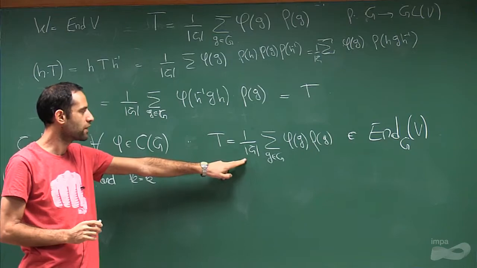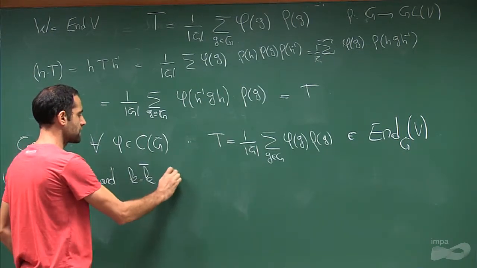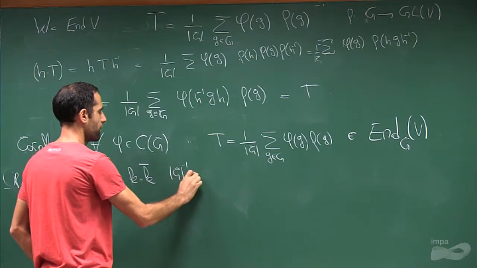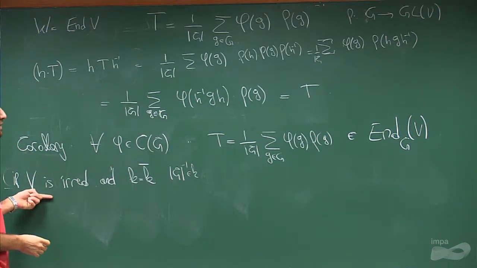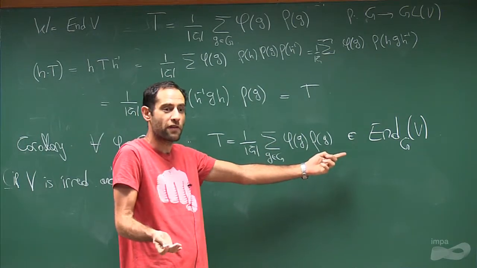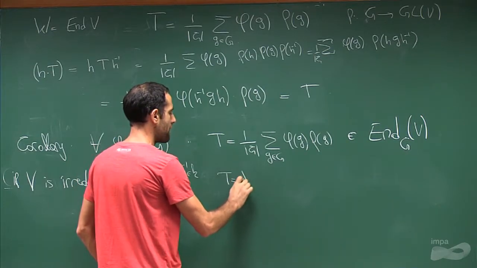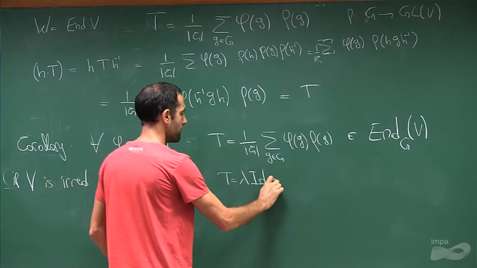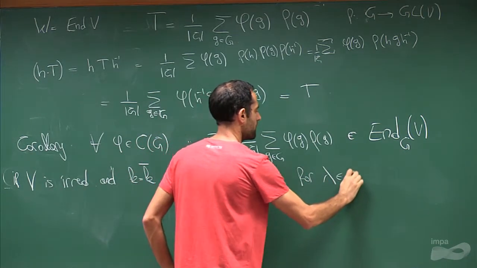But because of the normalization, I'll need that the characteristic is such that |G| inverse exists in the field. Then if this happens and I have an endomorphism of a representation, it's either 0 or a multiple of the identity. Then T is equal to lambda times the identity of V for some lambda in the field.